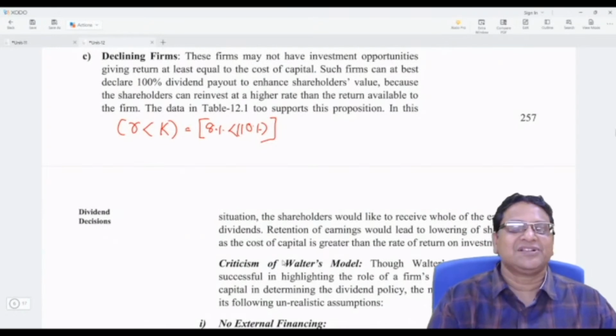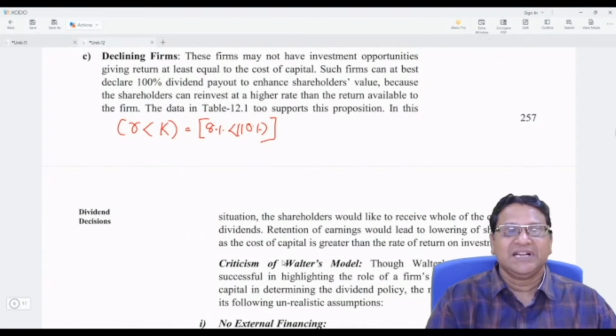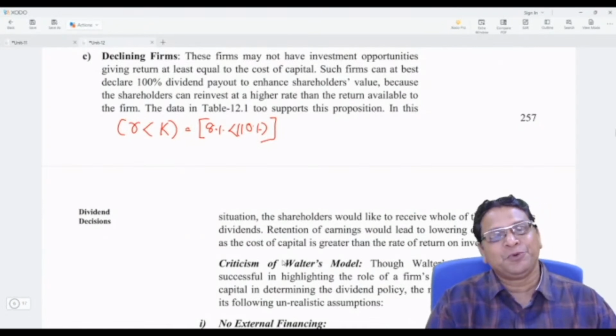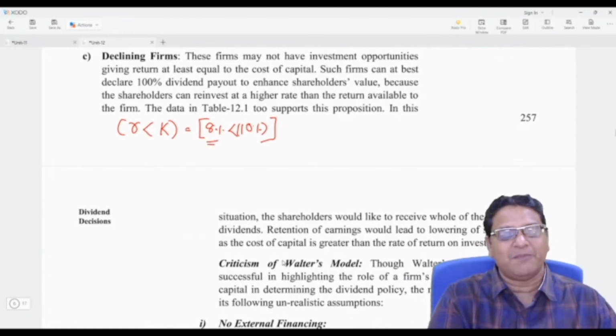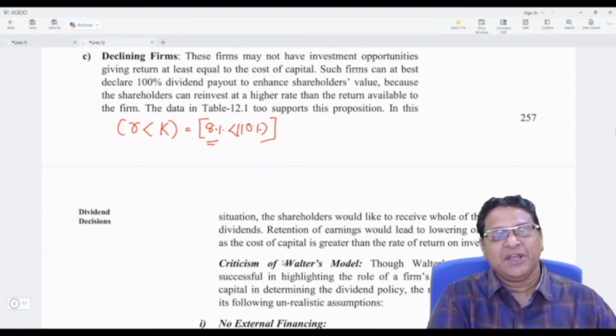In this case, the shareholders tell that please do not put our income in the business because it's a declining business. It's a decline path. If you put the profit in the same business, the business will generate an income of 8%. And if you pay us as dividend and we invest it in alternative investment, we will generate an income of 10%.